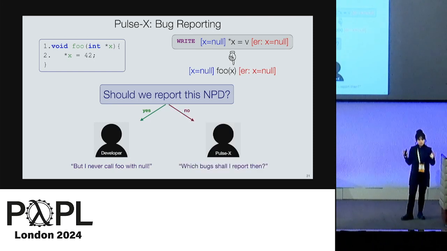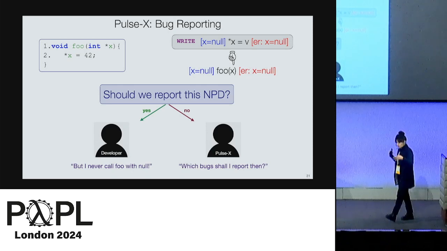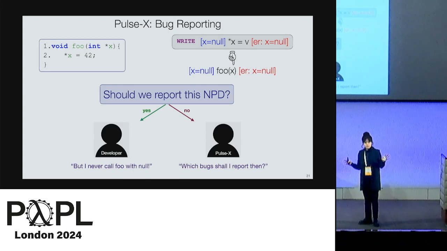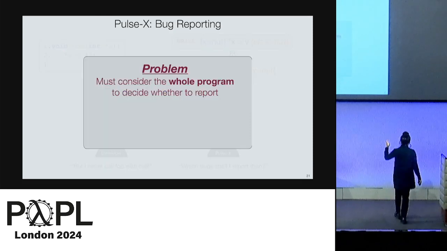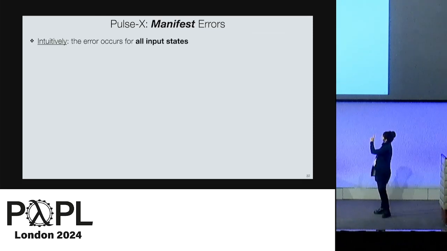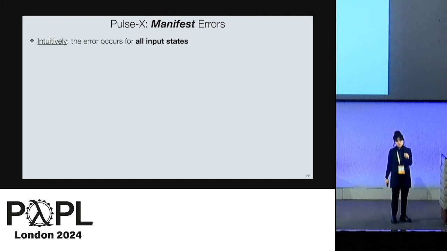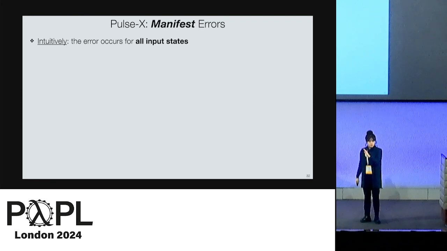So to distinguish these two scenarios, we came up with this criterion of when an error is a manifest error, as in we should definitely, with confidence, report it. What we call a manifest error is an error that occurs regardless of what inputs you pass it. Remember, there the problem was that if you give it x as null, then you get an error. So a manifest error is one where the error occurs regardless of what input parameters you have.